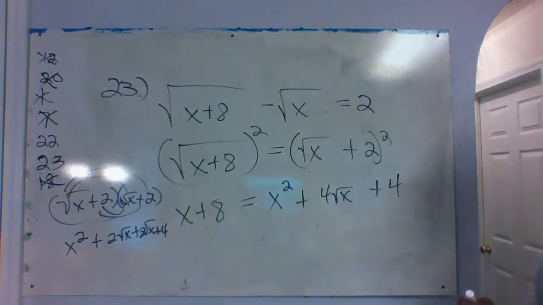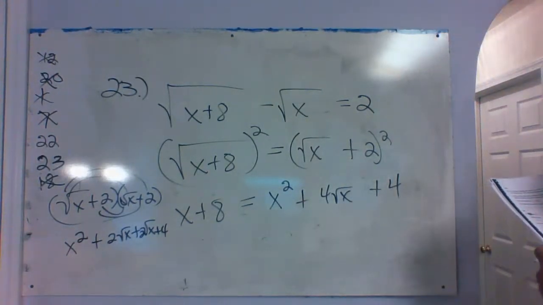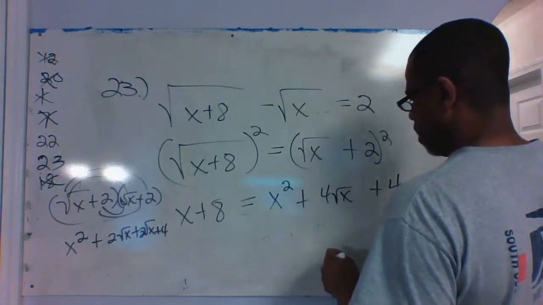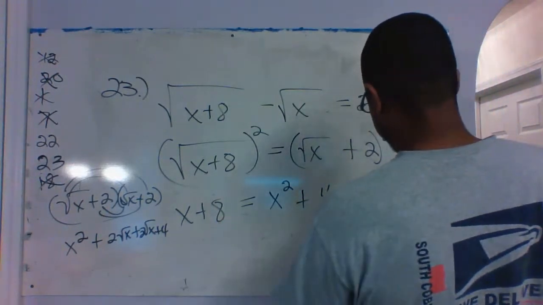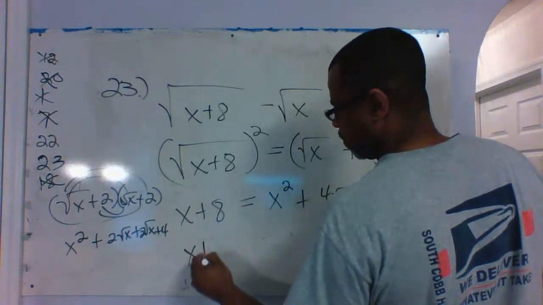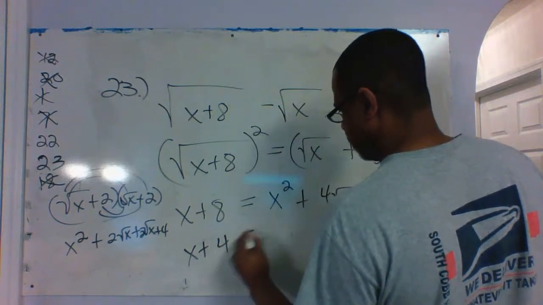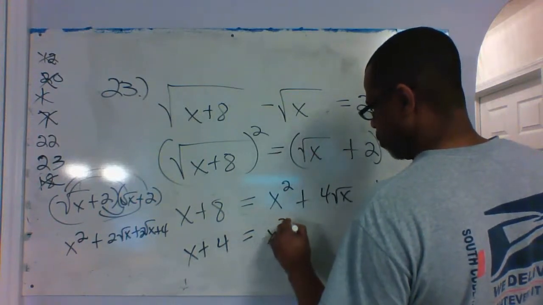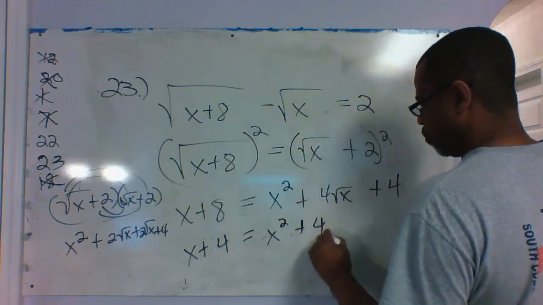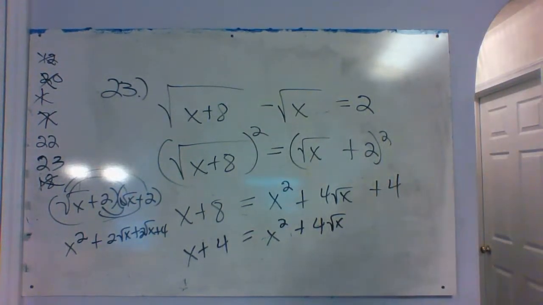Now what we have to do now, okay, we're going to move this over. So this will be plus 8. If we move this over, this will be 4. This will be x squared plus 4 square root of x. Okay.